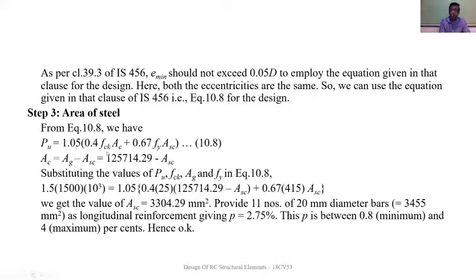Since I know the diameter of my column, 400 mm, the gross area is pi d square by 4, minus Asc. Substituting Pu, which is 1500 kilonewton, fck, which is 25 Newton per millimeter square, Ag, which is pi d square by 4, and fy in the above equation gives me an area of steel of 3304.3 millimeter square.